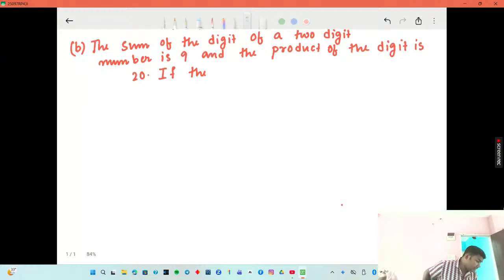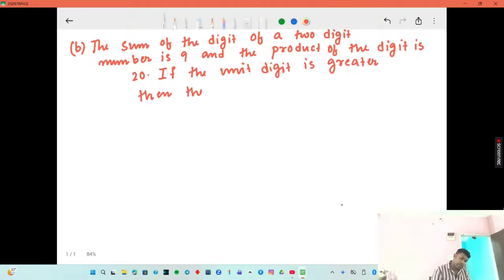If the unit digit is greater than the tens digit, the number is.